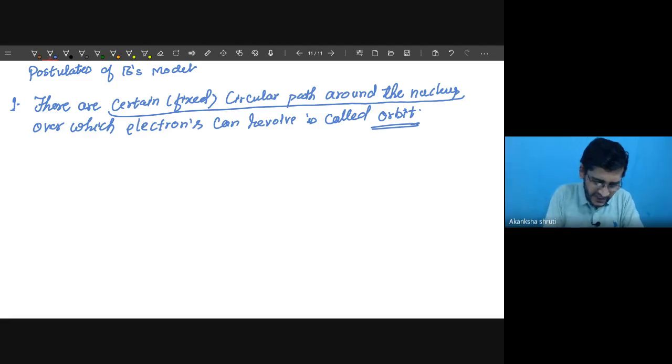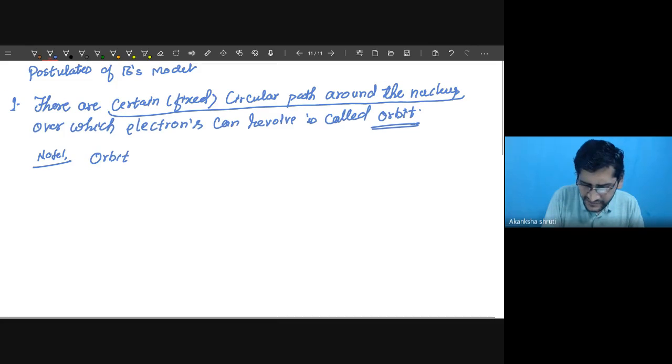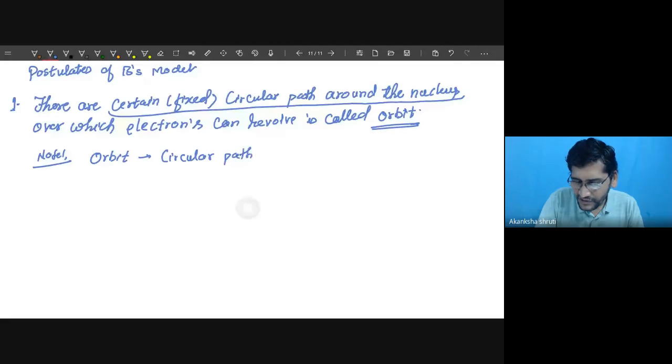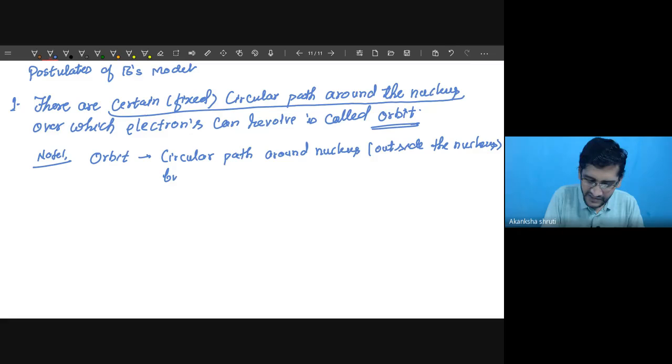We have to keep in mind, just for a note, what these orbits are. Orbits are the circular paths around the nucleus, which are outside the nucleus, but even inside the atom.